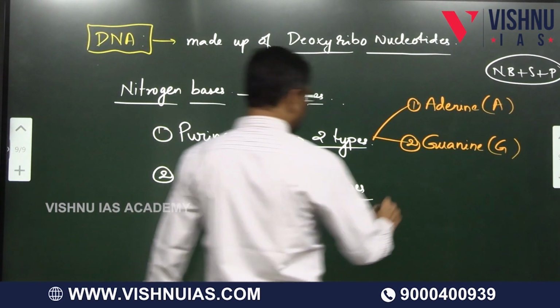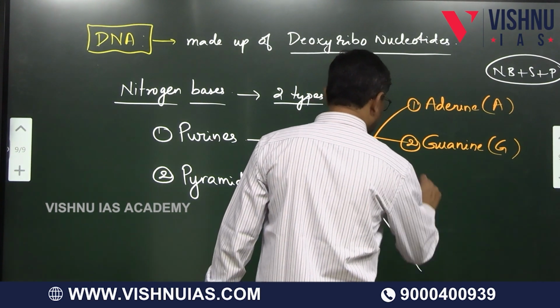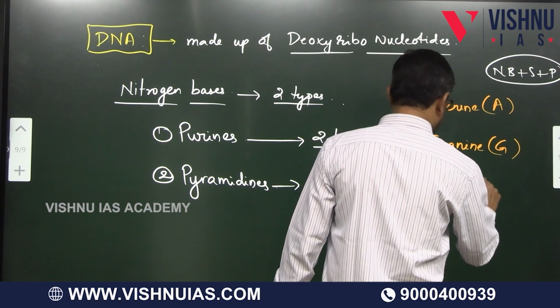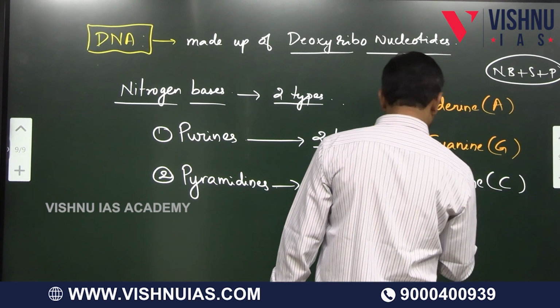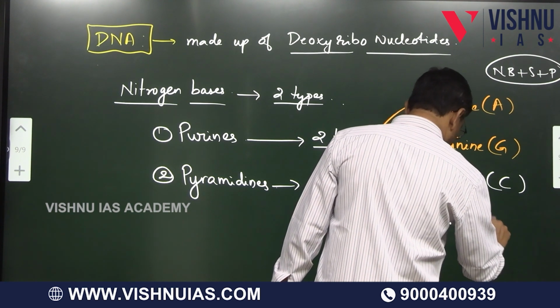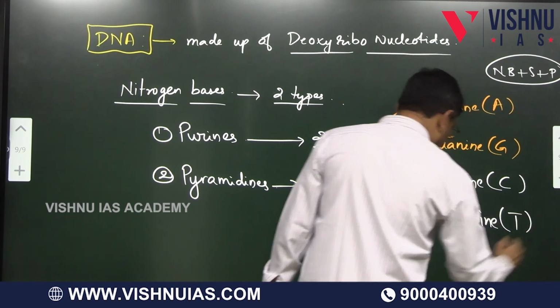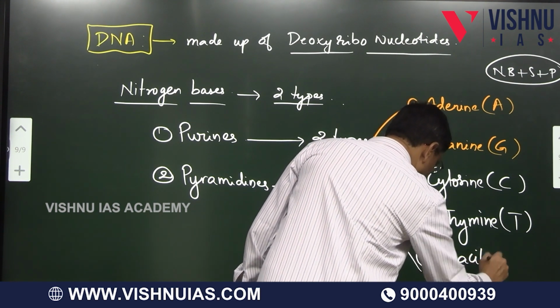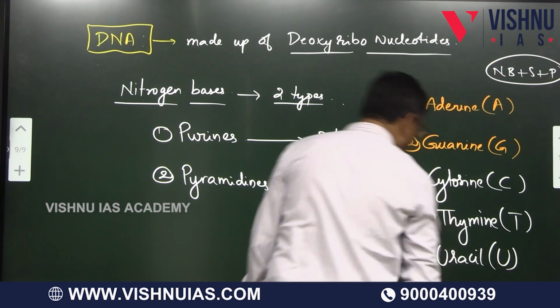They are cytosine, represented by capital C, thymine, represented by capital T, and uracil, represented by capital U.